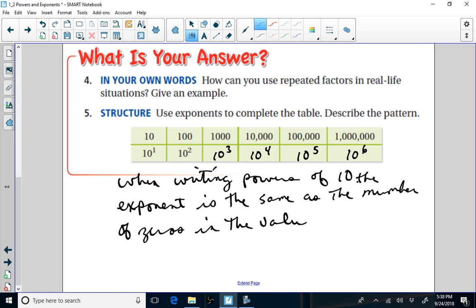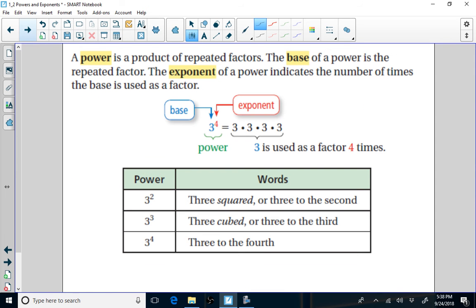All right, so something like that would do for your explanation where you're asked to describe the pattern here.